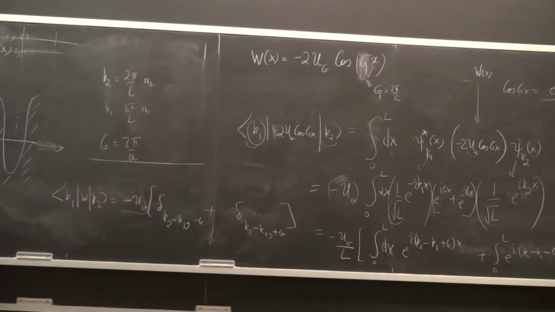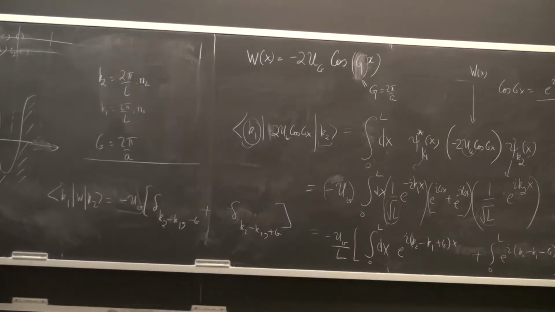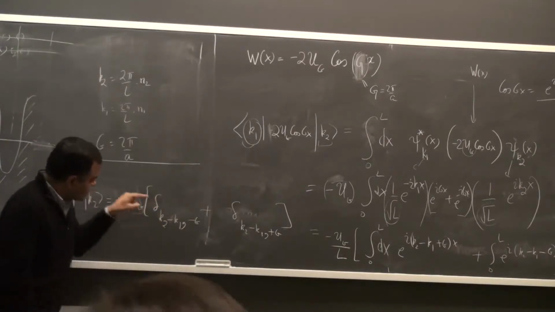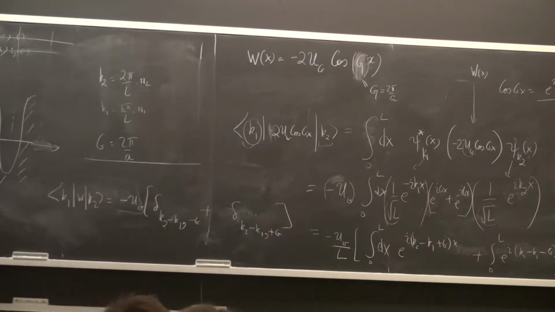Okay, so that's kind of the end result that we're getting, and now you can look at this and say, what does it really mean? What it's telling you right away is what are the states that are getting coupled by this periodic potential. That's sitting right in front of us now.